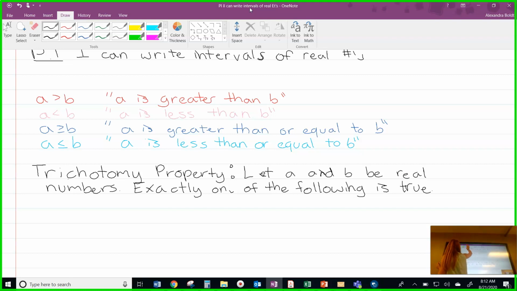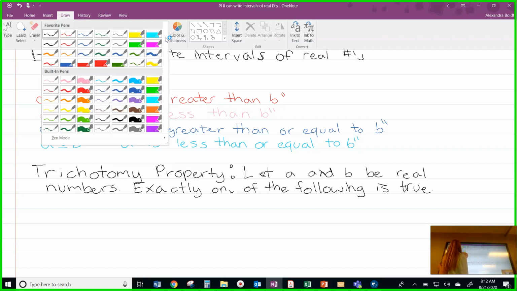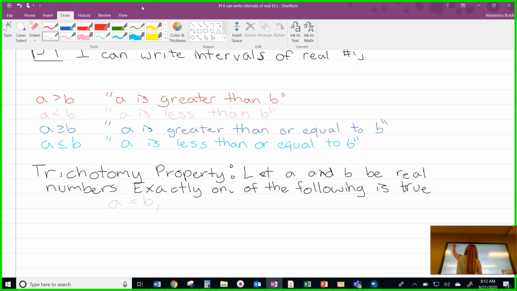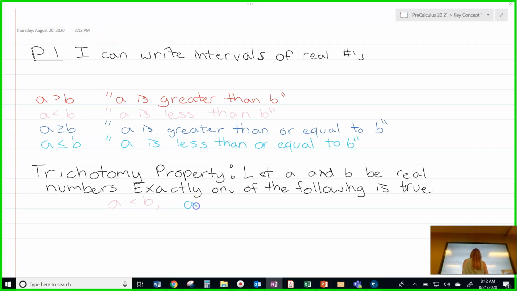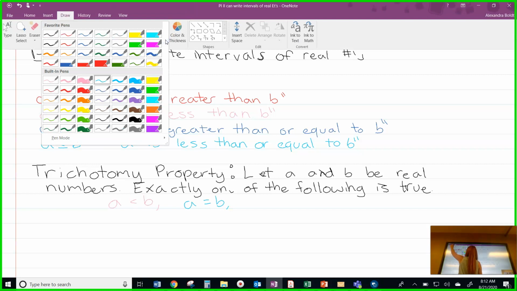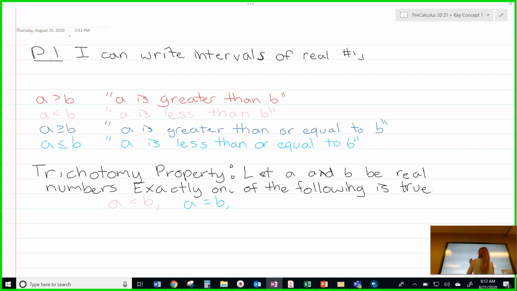First, A can be less than B. A is equal to B. Or A is greater than B.